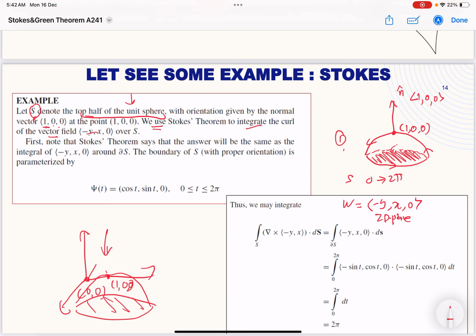First, we take Stokes theorem. Stokes theorem says the answer will be the same as the integral around the boundary of S, parameterized by psi, and there is no parametric on the Z component. So actually it's quite straightforward.